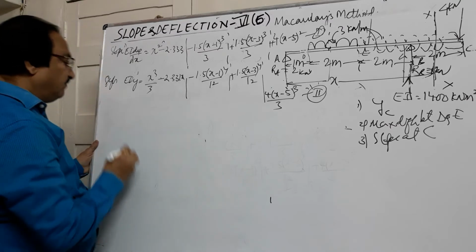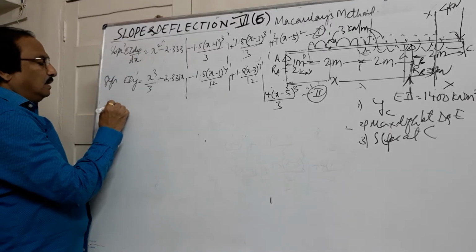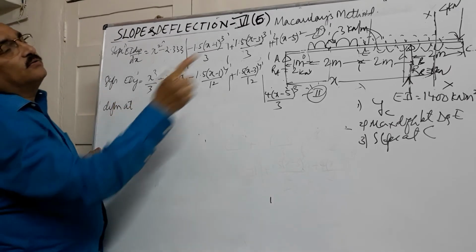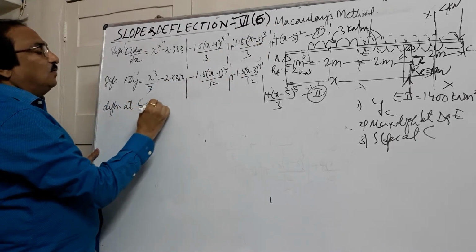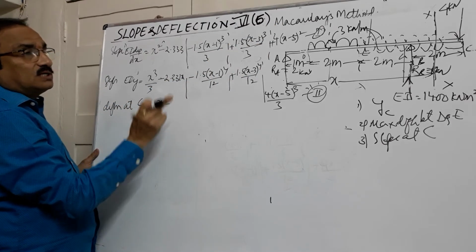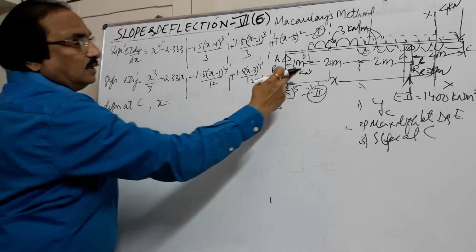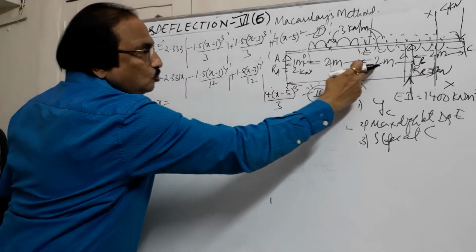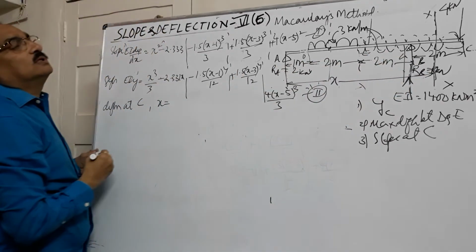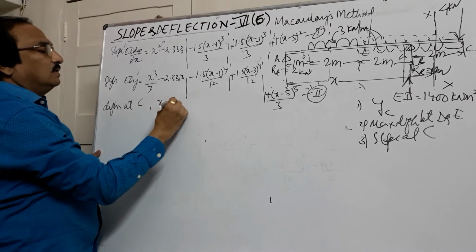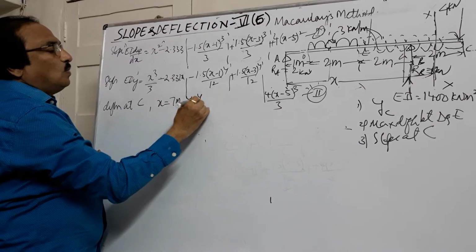Deflection at the free end C. That is, when x is equal to, what will be the distance of C from A? 1 plus 2 plus 2 plus 2, so this will be 7 meters. Y is equal to YC.